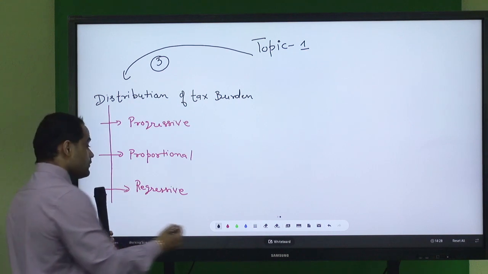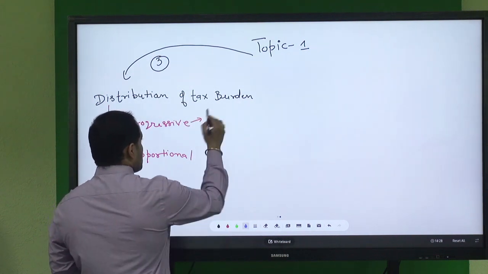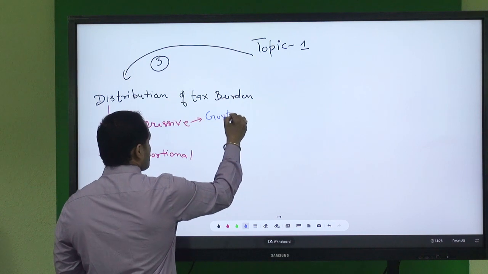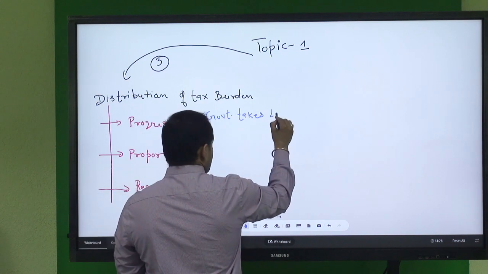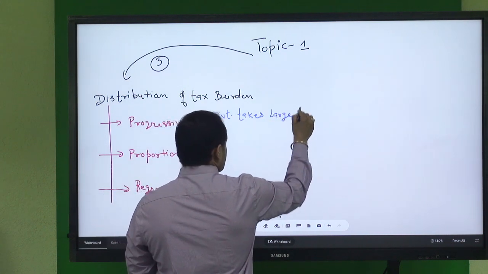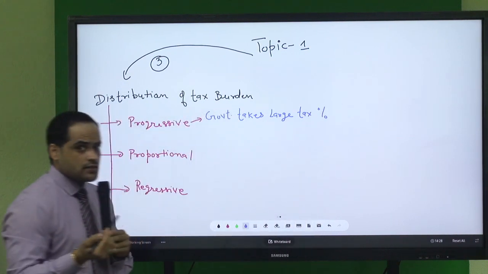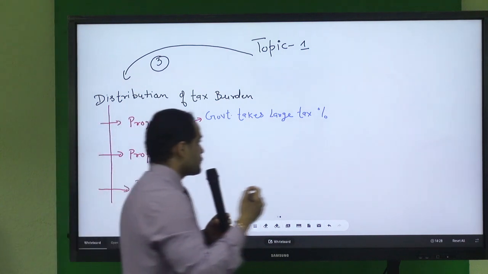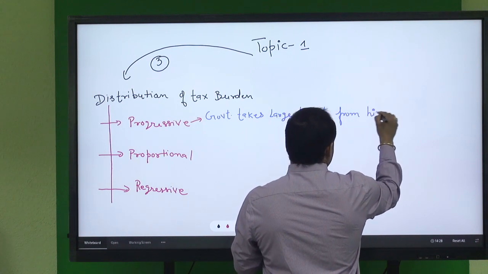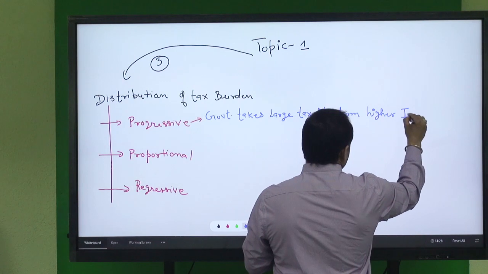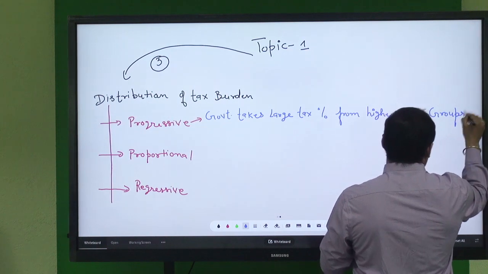Progressive means the government takes large tax rates or large tax amounts from higher income groups.